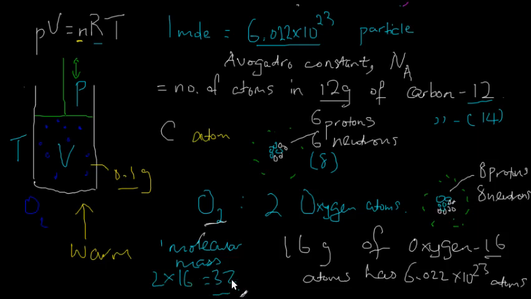Just take the unit gram next to this, and we know that in 32 grams of oxygen molecules, there must be this Avogadro constant number of oxygen molecules.